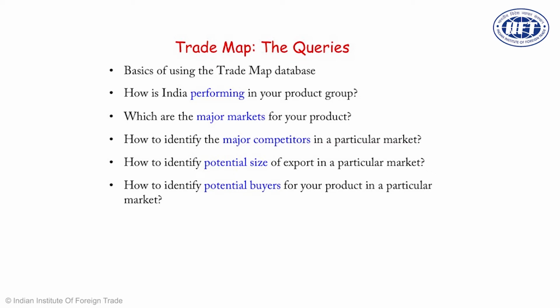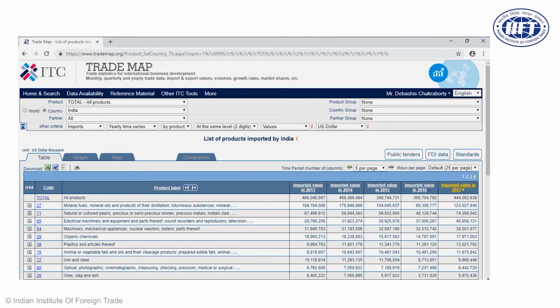Let me come into the TradeMap database output. If you do not have any membership of TradeMap, then you can just open it, go for login, and you can create your own user ID and password, which you can use from your office, home, anywhere. And it's a free database maintained by UN. So here the database can be used in the following fashion.